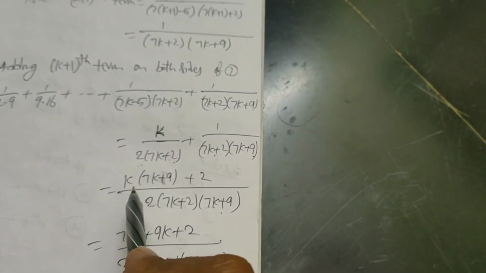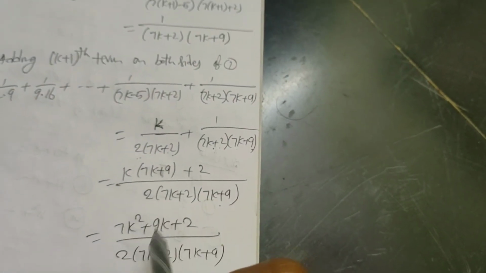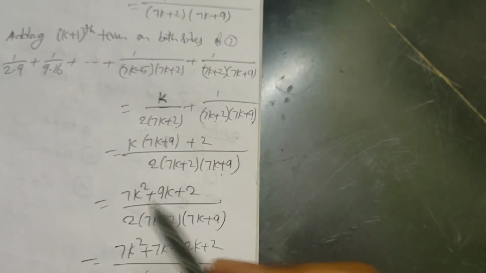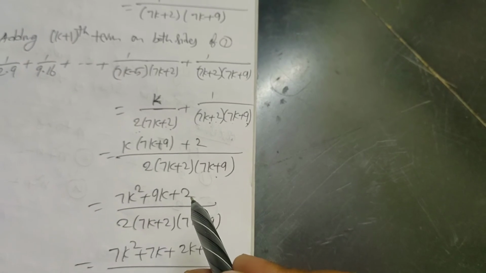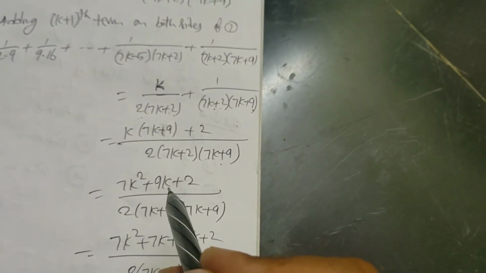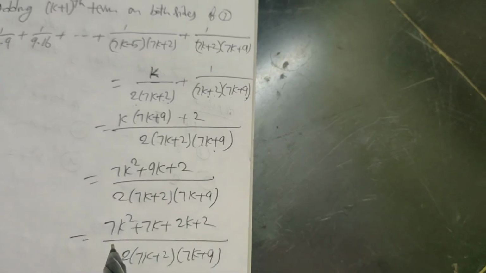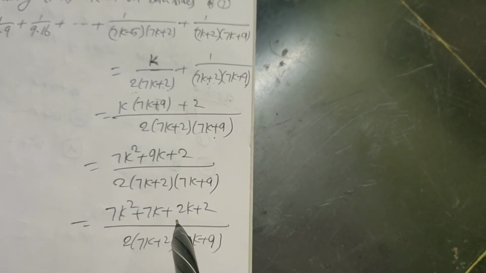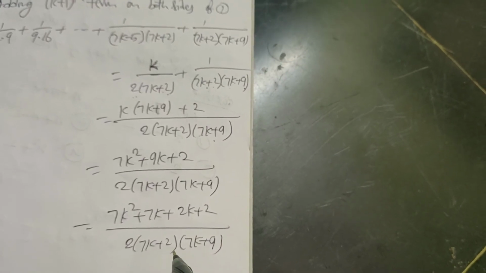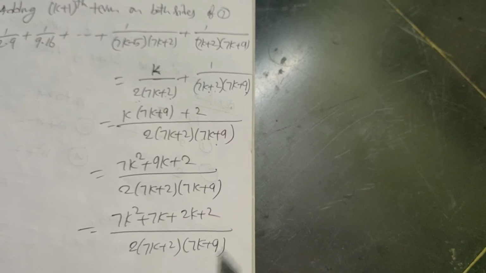So if you simplify, k into 7k gives 7k square plus 9k plus 2, by 2 times of 7k plus 2 into 7k plus 9. Here for factorization, 7 twos are 14 and 7 plus 2 gives 9. So you write 9k as 7k plus 2k. So 7k square plus 7k plus 2k plus 2, by 2 times of 7k plus 2 into 7k plus 9.